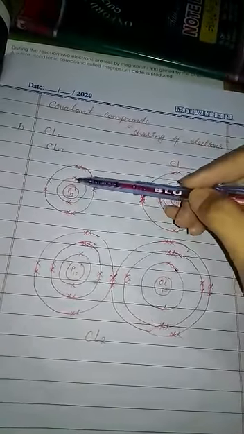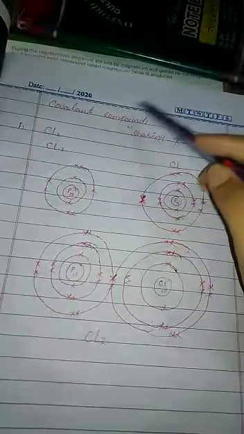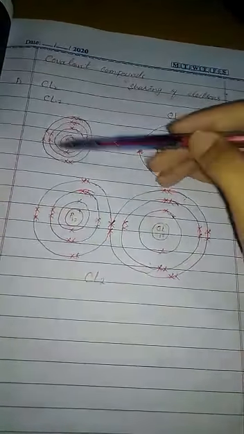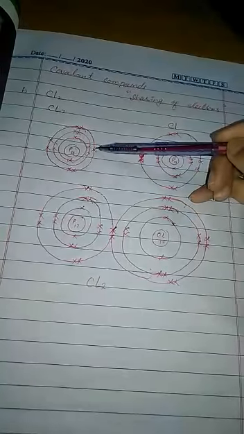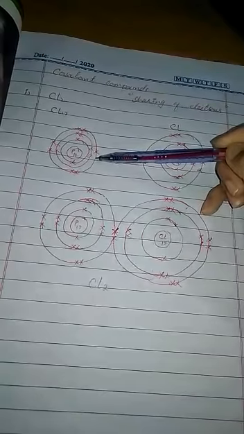The arrangement of electrons: 2 electrons are present in the first shell, 8 electrons are present in the second shell, and the remaining 7 electrons are present in the outermost shell. In this way, it needs only 1 electron to complete its outermost shell.